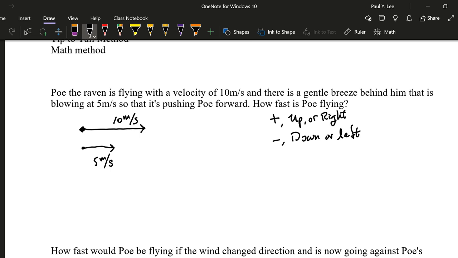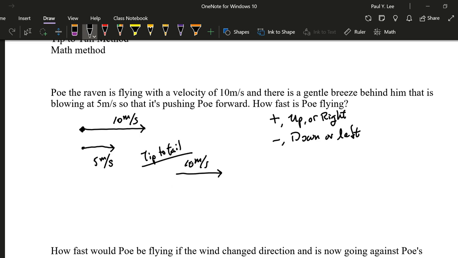Now I'm going to perform the tip-to-tail method. In order to perform the tip-to-tail method, you have to align your vectors so that the arrows start where one ends. For example, my first vector I'm going to draw is this 10 meters per second one. So this is the tip to tail.